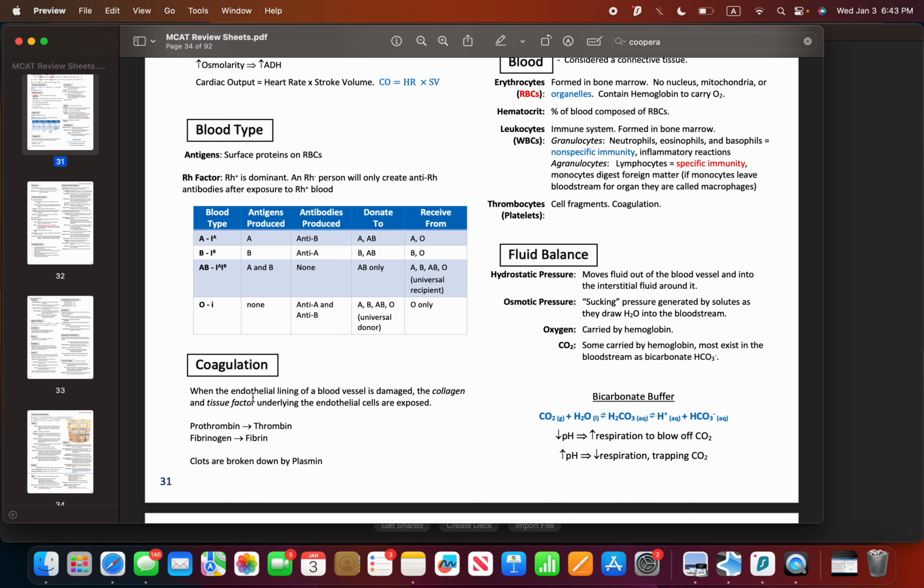When the endothelial lining of a blood vessel is damaged, the collagen and tissue factor underlying the endothelial cells are exposed. This will result in prothrombin turning into thrombin and fibrinogen turning into fibrin, and these are in steps. And then the clots are broken down by plasmin.